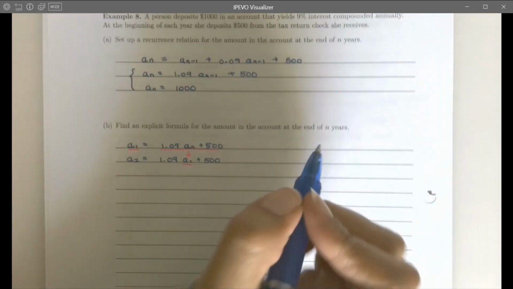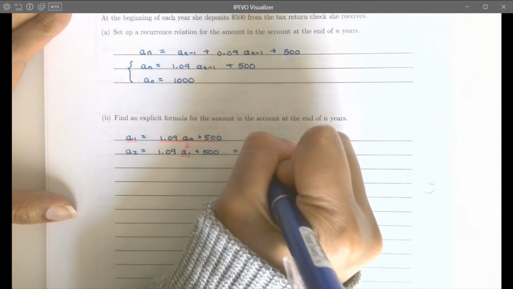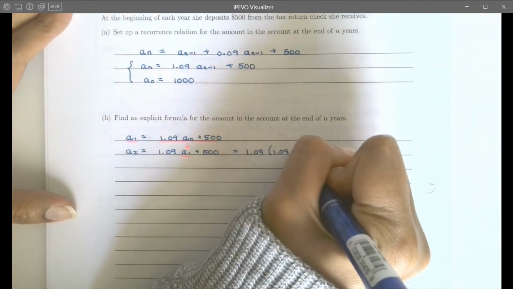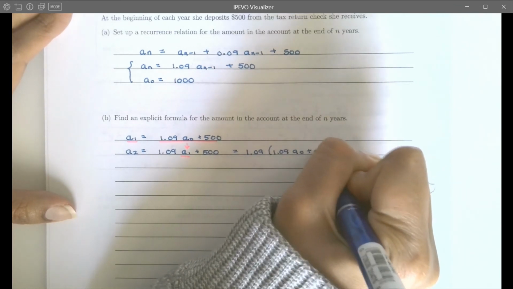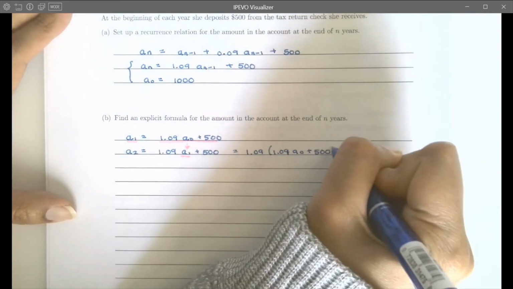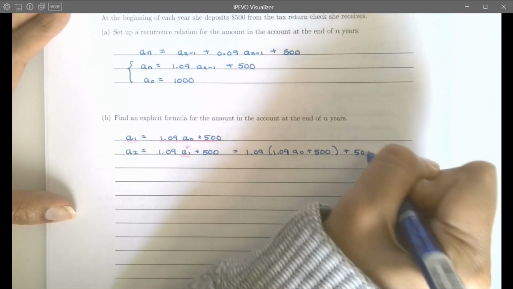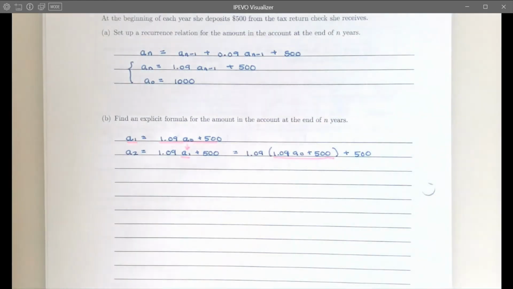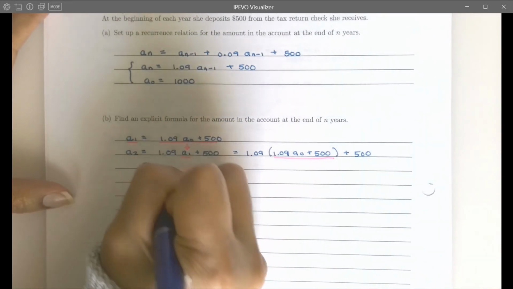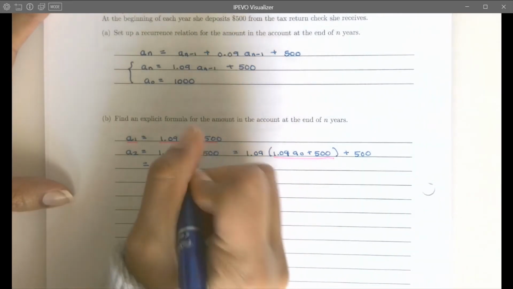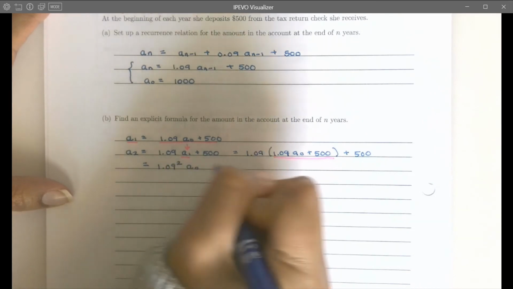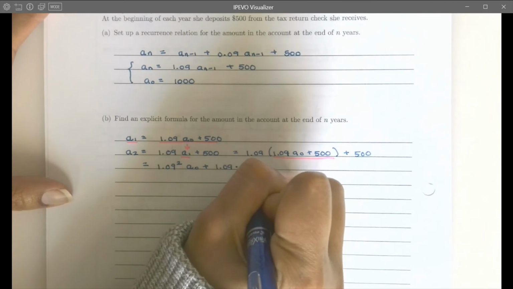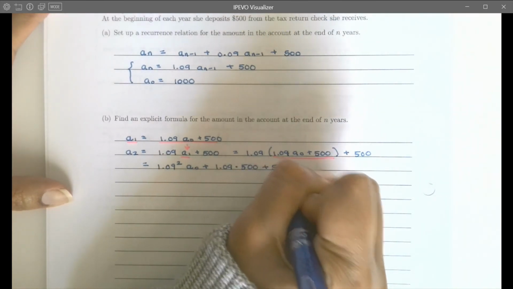And that's going to give us 1.09 times (1.09 A0 plus 500), and then bring over the plus 500, so that it becomes 1.09 squared A0 plus 1.09 times 500 plus 500.